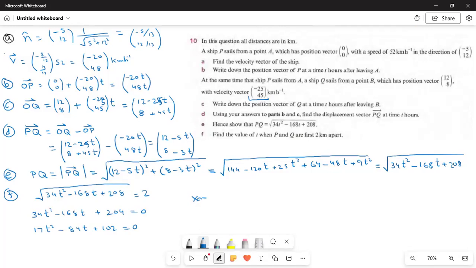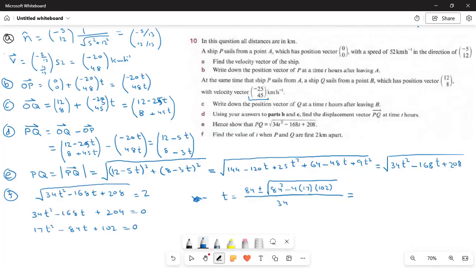Now I can use the quadratic formula to solve this equation. t equals minus b, so this is 84, plus or minus the square root of b squared, 84 squared, minus 4ac, so 4 times 17 times 102, divided by 2a, which is 34.